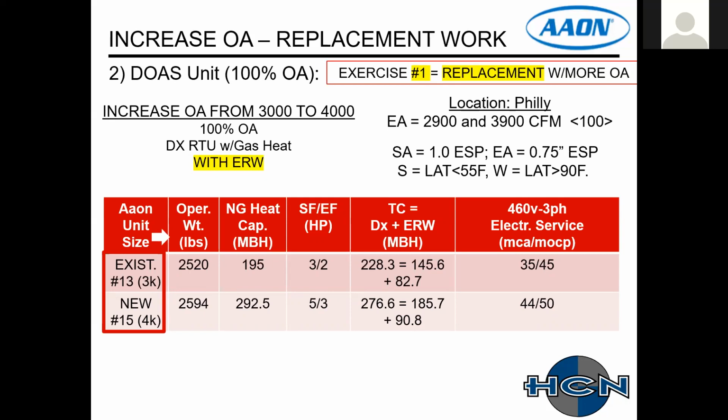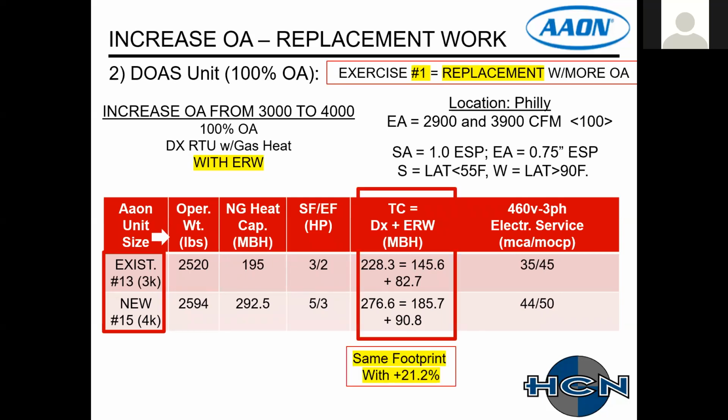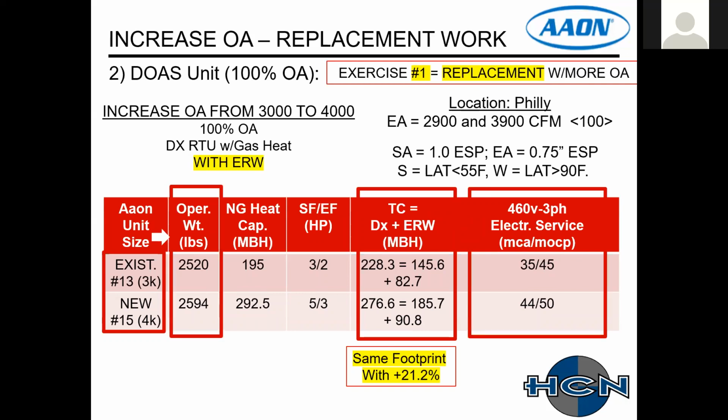Went through the same items in the chart as before. Once again, to highlight, with the increase, the same box size or footprint, I was able to increase my cooling capacity by 21%. The difference in the weight is very small.